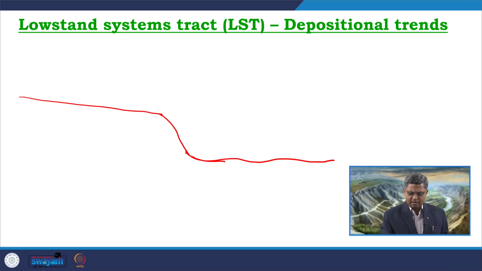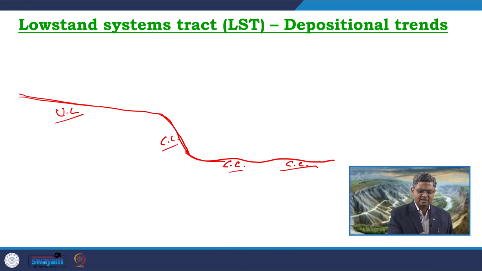So, this part, or maybe in this part, is the correlative conformity surface. Here also we can get the correlative conformity surface, and in this part this is the unconformity surface. So, this is the substrate which is available at the start of the LST.